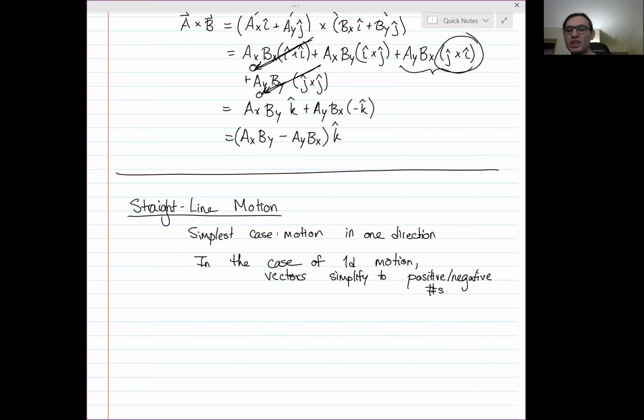But at the end of the day, the I hat's going to factor out of every single calculation you do, just because everything is in the I hat direction. There will be an I hat attached to every single number that you write. And so because there's no ambiguity in which direction we're talking about, we can just drop that I hat. But I still want you to imagine that it's there, it's just invisible. We're just dropping it because it doesn't provide any extra information, because we already know what direction we're talking about.